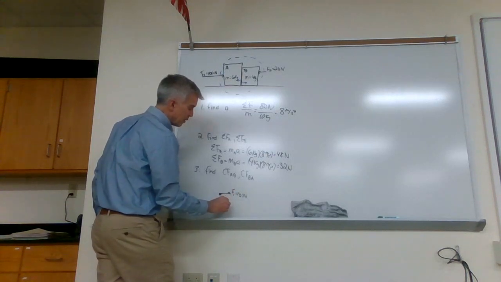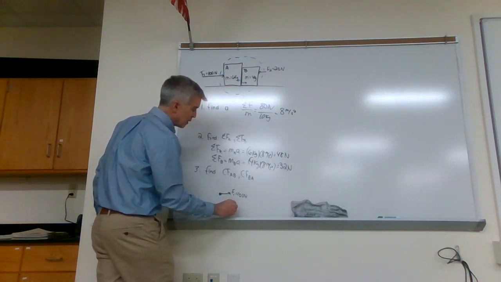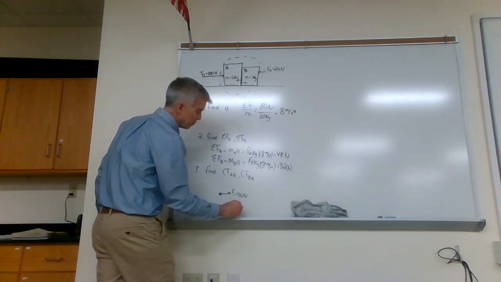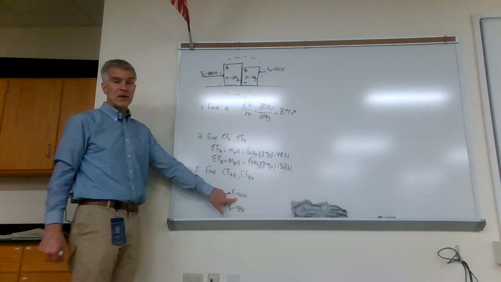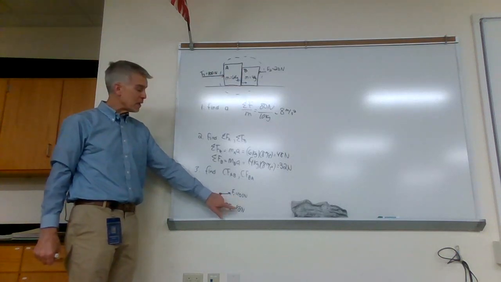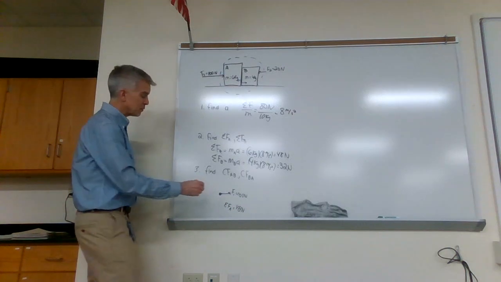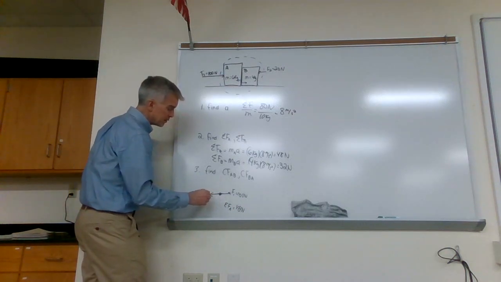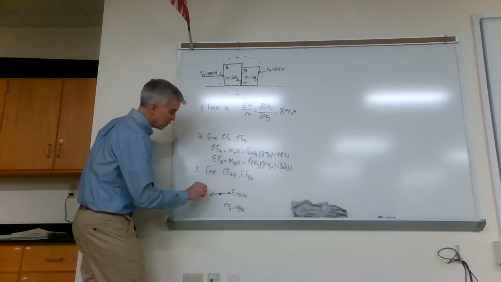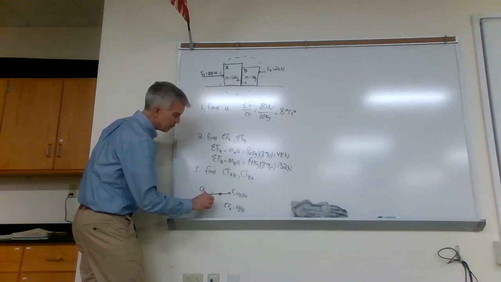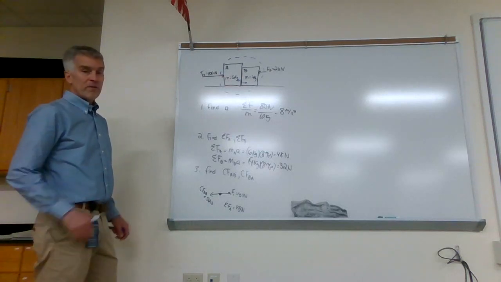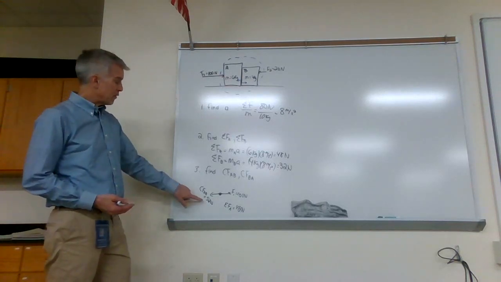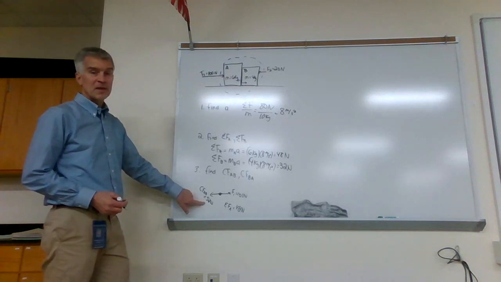Now, the net force on object A is 48 newtons, which means that this force to the right has to be 48 newtons larger than the force to the left. So this force to the left, which is the contact force on A by B, is going to be 52 newtons.